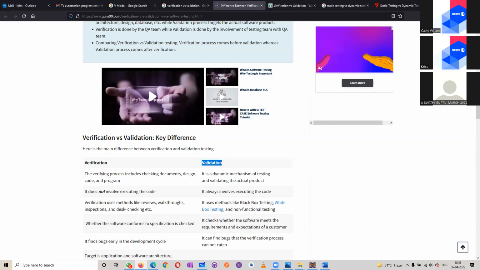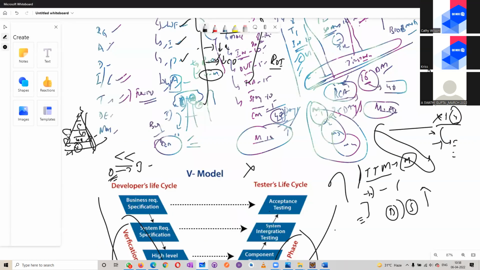Now, if you see here, it clearly says the verification process is checking the documents and design. When we are doing analysis and designing, before implementing the code, we check whether the design document is proper or not. These are all verification processes.